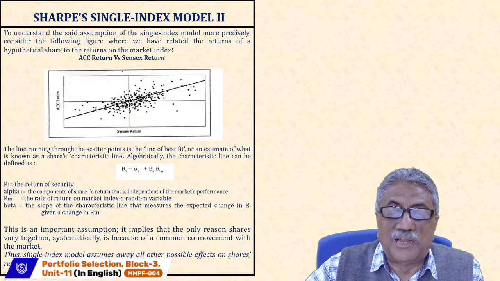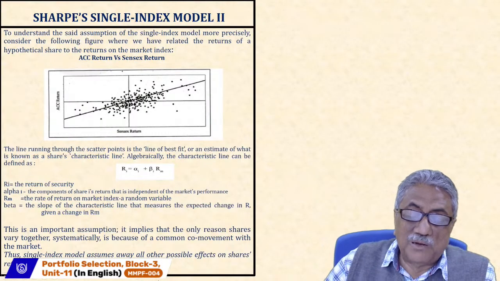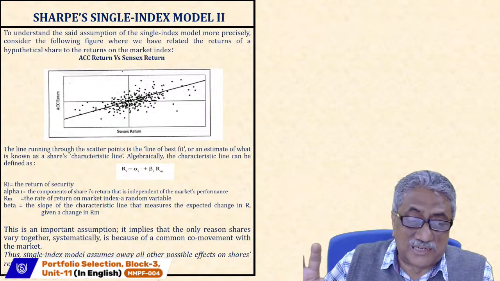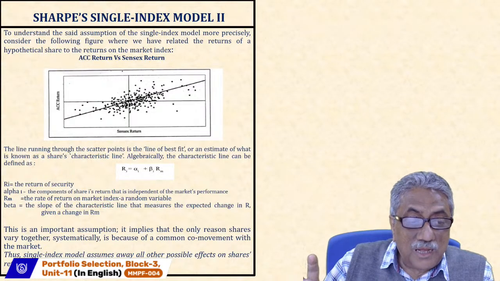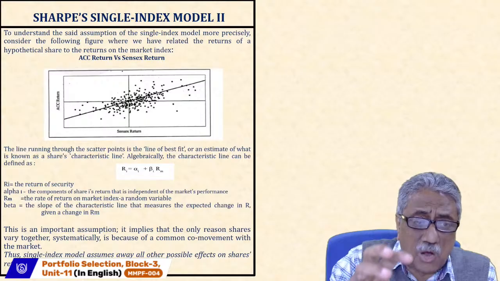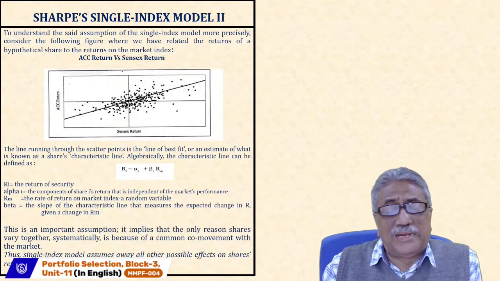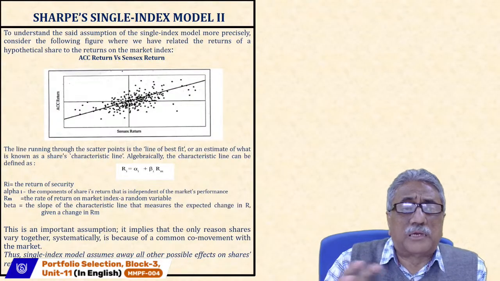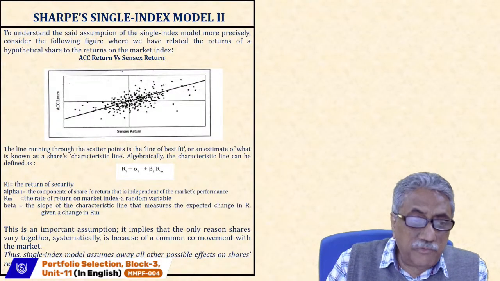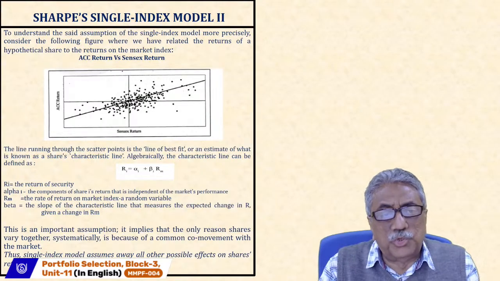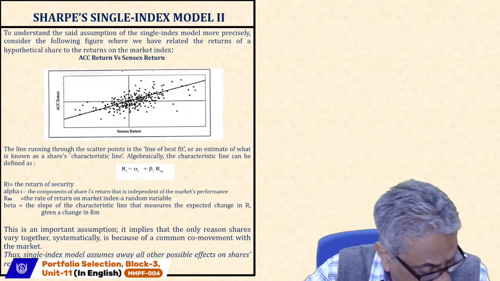The single index model assumes that how the industry has done and other possible effects on share returns are secondary. The main point is how the company has done, how the market has done, and in relation to the market how the share has done. If you combine the two, you get RI.